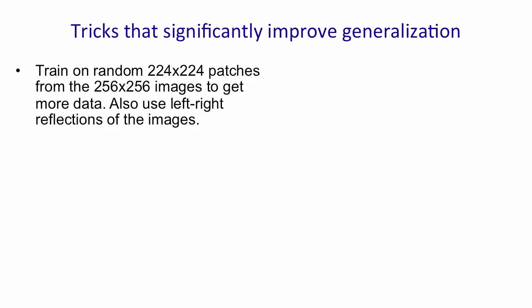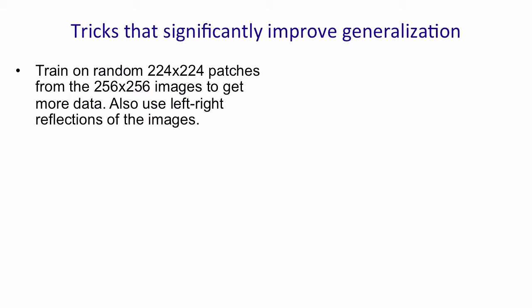There's other tricks that we use to significantly improve the generalization of this net. First of all, we use the trick of enhancing the data by using transformations. So Ilya Sutskever downsampled the images in the competition to 256 by 256, but instead of using those whole images, Alex Krizhevsky took random 224 by 224 patches from those images, which gave him hugely more images to train on, and helped him deal with translation invariance.